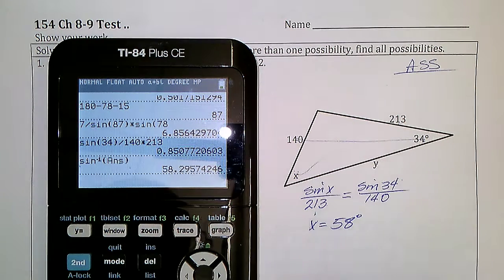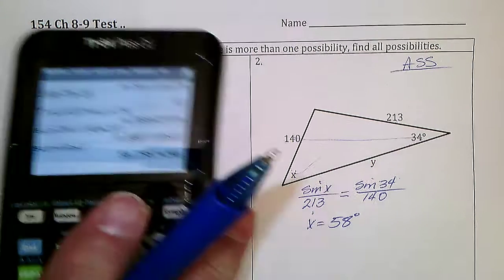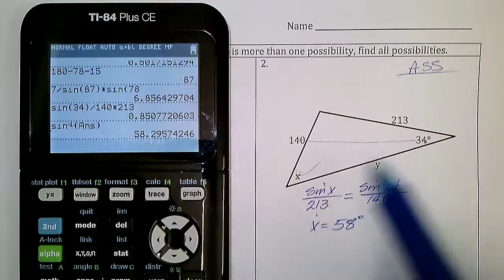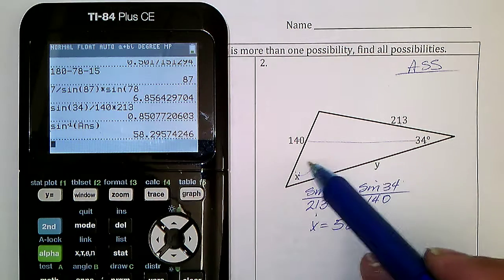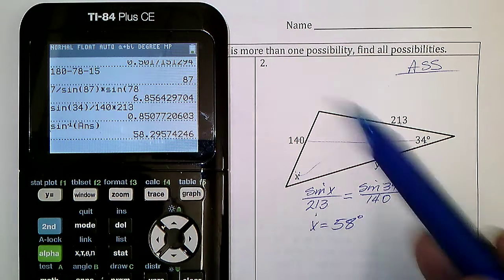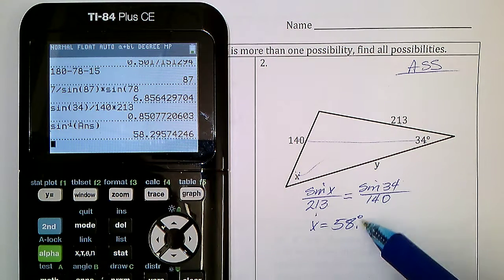And if it was 58 degrees, then to find y, it's 58.29. I probably should write that, 0.29. Actually 0.3 if I round properly.